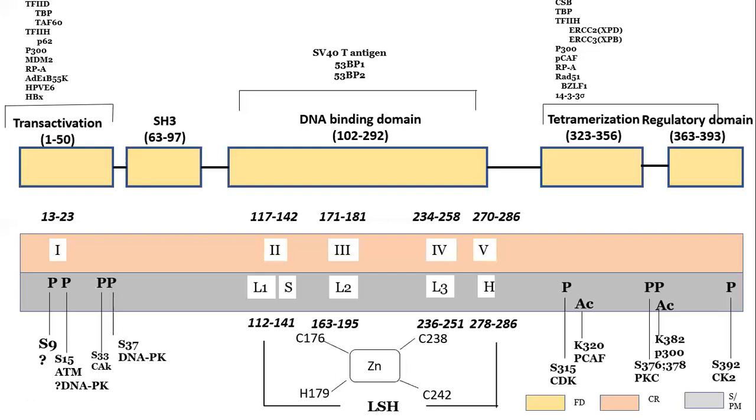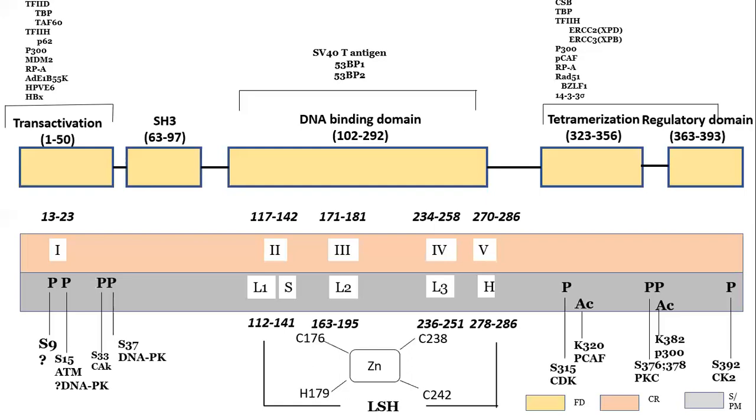So what is the importance of zinc atom binding of the L3 region? This is important because this zinc ion, basically zinc atom or zinc ion, it acts as a chelating agent, and this chelating agent helps in the sequence specific binding of this region, this DNA binding domain.